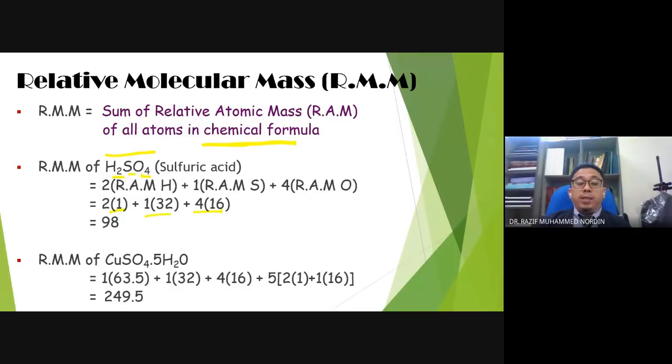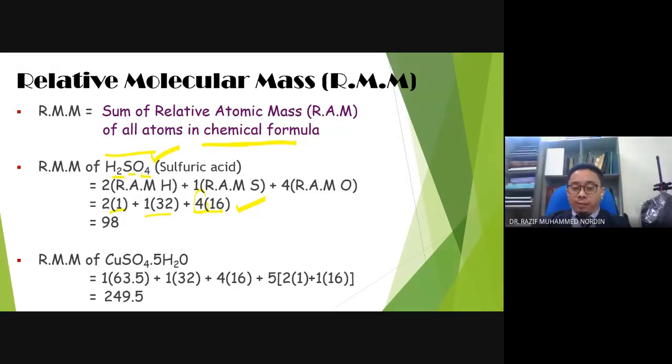Dan please berhati-hati. Tipikal kesilapan dia, student saya juga ni, careless mistake. Student dah berjaya dah write the right formula for the compound. And then dah manage to identify dia punya number of atom, number of element in a compound tu. Okay, very good.